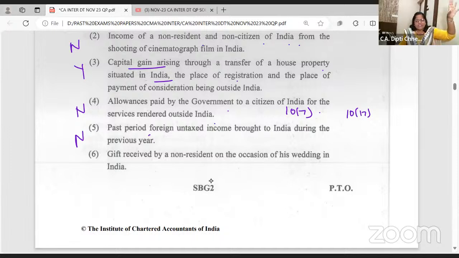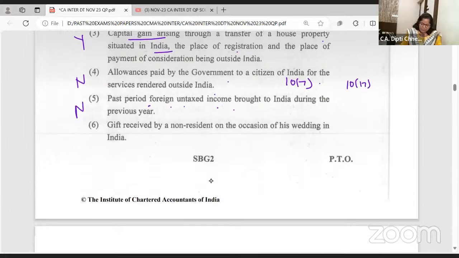Say Amrish Puri stays 20 years in London. He's earning there, he's paying tax over there, he winds up everything and comes to Amritsar. When he winds up and comes to Amritsar, whatever profit he has earned in that foreign past period, untaxed income brought to India, does he bring that capital to India? Does he bring his foreign income to India? Yes. Is it earned in India? No. So it's just a remittance. It is called a receipt, not taxable.